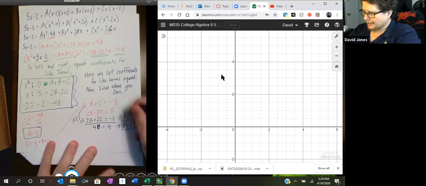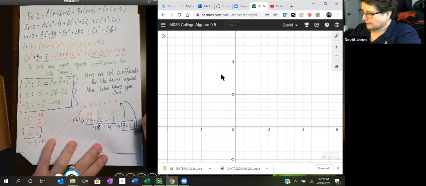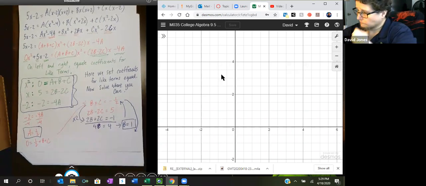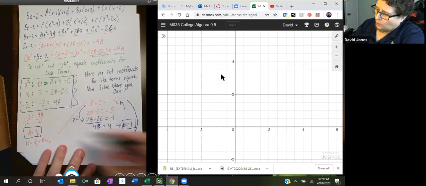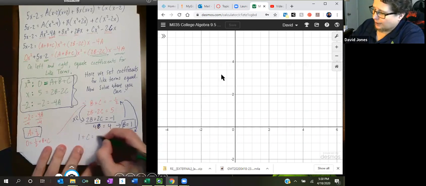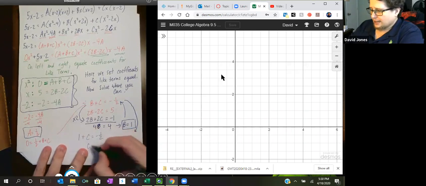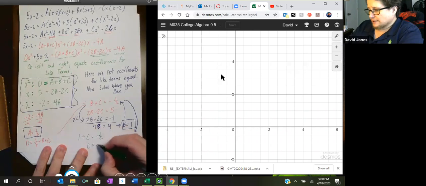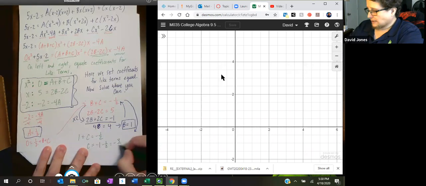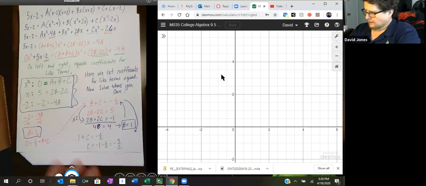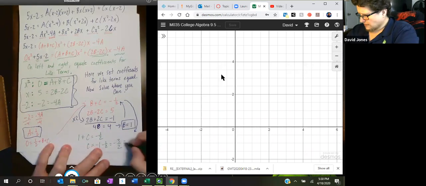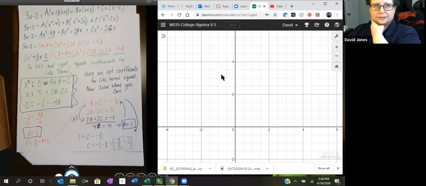And I'll plug that in here. And I get 1 plus C equals negative 1/2. So C equals negative 1 minus 1/2, which is negative 3/2. Let's pause for a second, make sure everyone's on the same page.